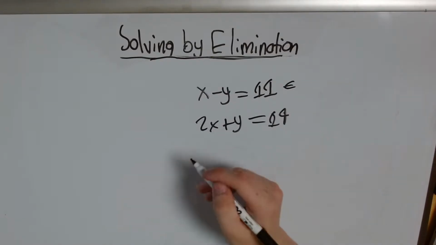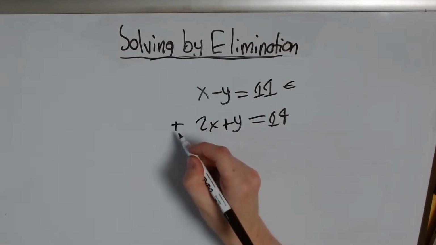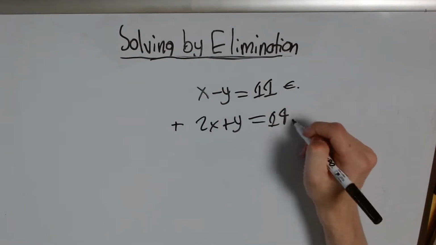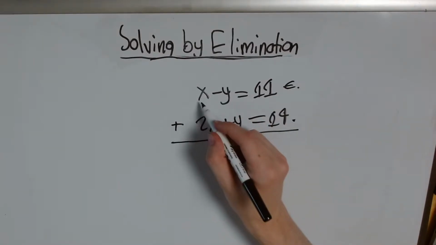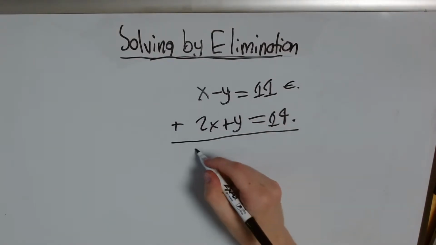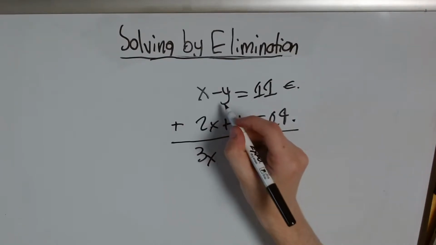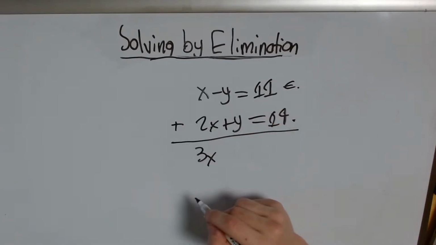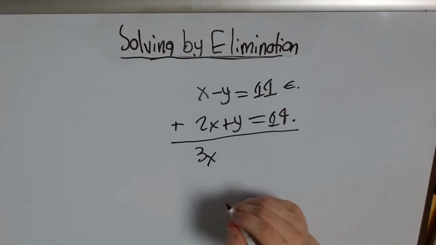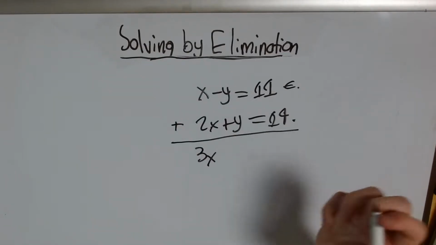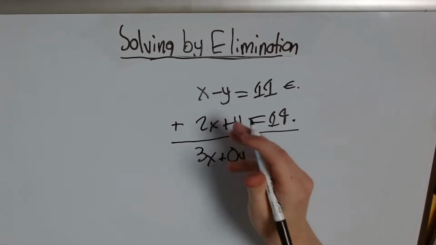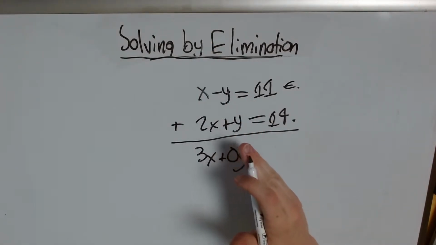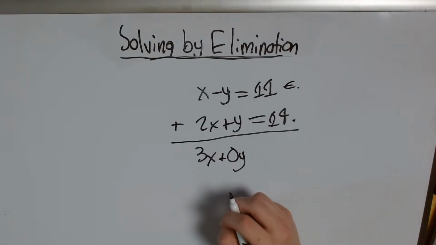Well, if I were to add these two equations together, I'd start out simple, right? x plus 2x is 3x. Negative y plus y. Well, that's the same thing as y minus y. That's actually 0y. I've entirely canceled out my y term just by adding them together.